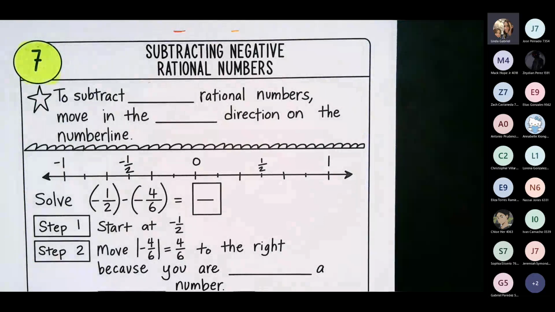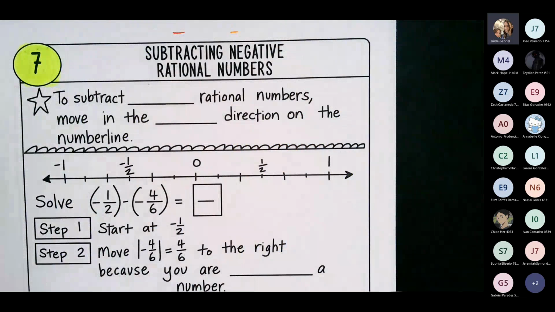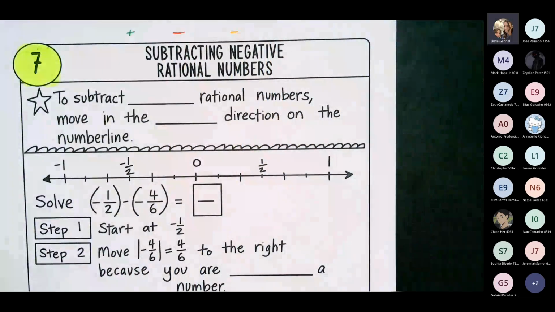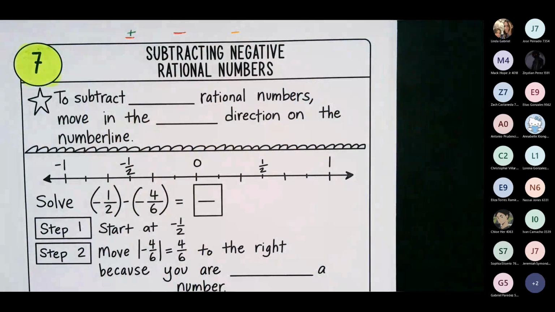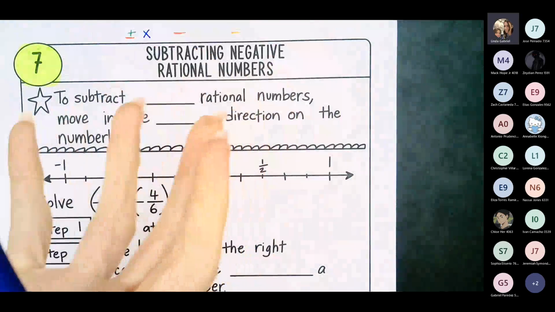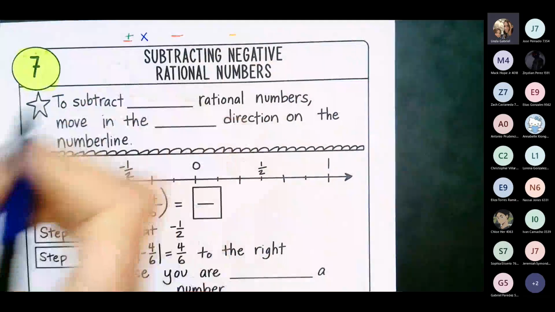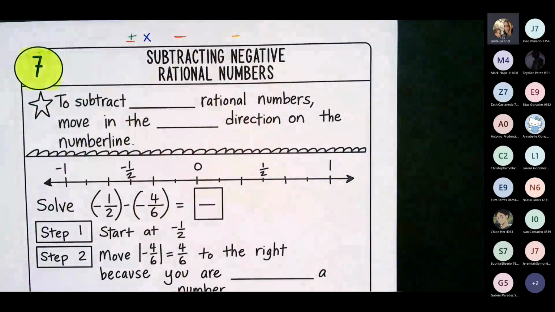Rational numbers just mean integers, including whole numbers that are positive or negative. Our first positive or negative is an algebraic term, so positive or negative x, right? We don't necessarily know what our number is right now. We're going to be subtracting a negative number.